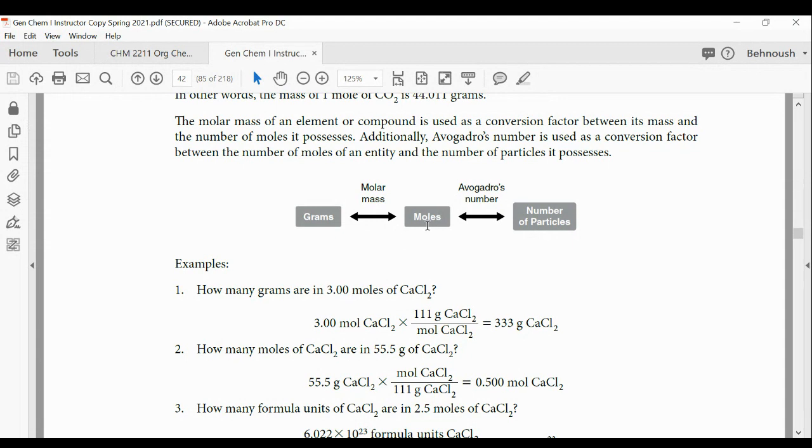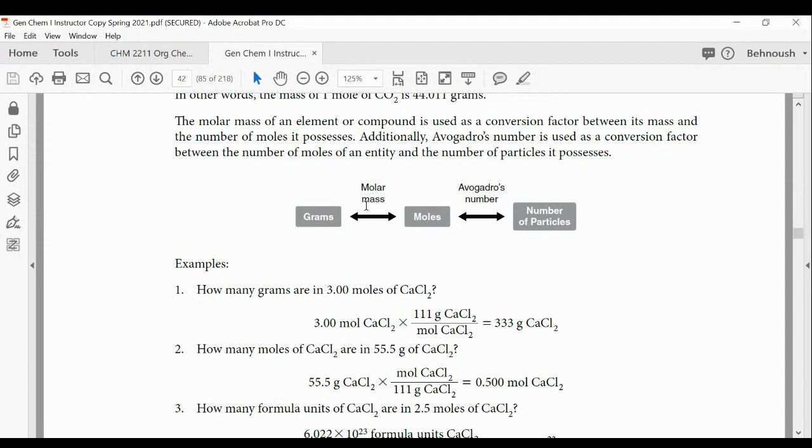Or if you have the moles and you want to find the mass, you multiply by the molar mass using the periodic table. Avogadro's number is a fixed number, 6.02 times 10 to the 23. And for molar mass, you use the periodic table to add the atomic mass for each of the elements in the compound, from the molecular formula, times the number of atoms per molecule.